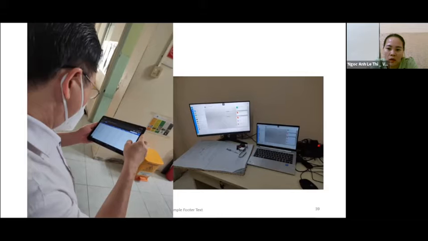And the second one, as you can see, we have two screens. The one on the right hand side is the laptop that we provided together with the UP system, and the second screen on the left hand side is the one that we bring to any active finding.